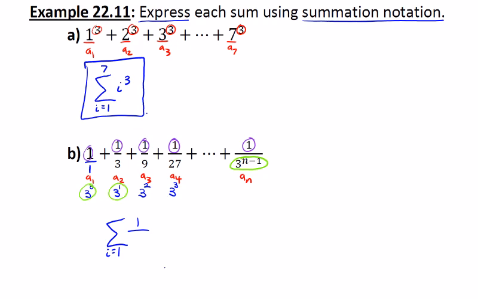So the pattern here would be 3 raised to the I minus 1 for the denominator, and then the upper bound for the summation is going to be n, because that would be what we would have to plug in to get to that very last term, AN. And that is the summation notation there for part B.